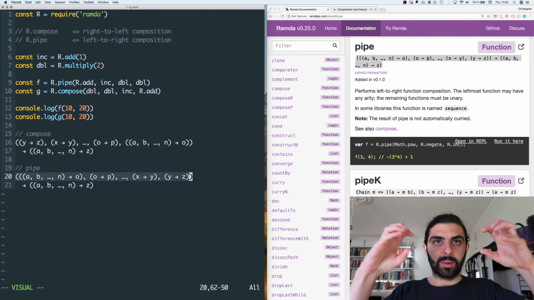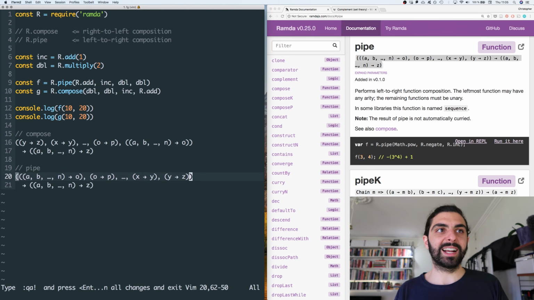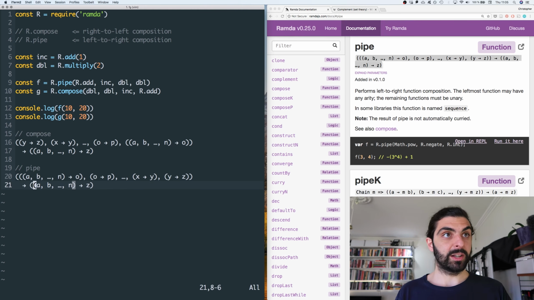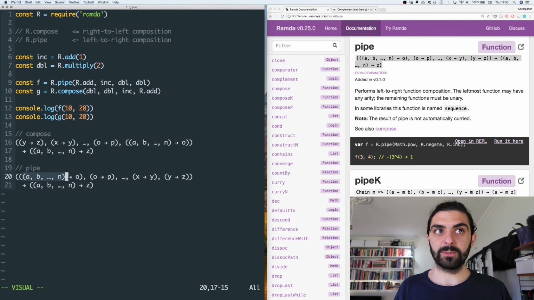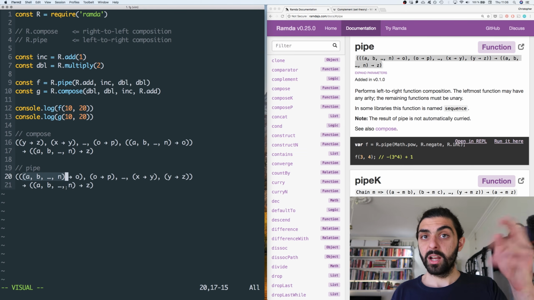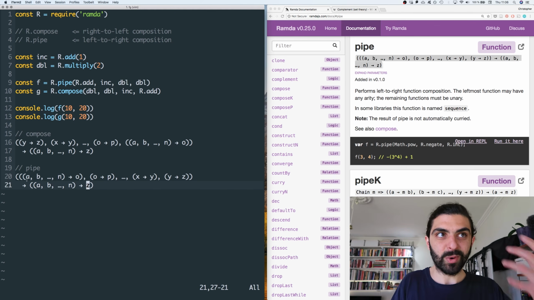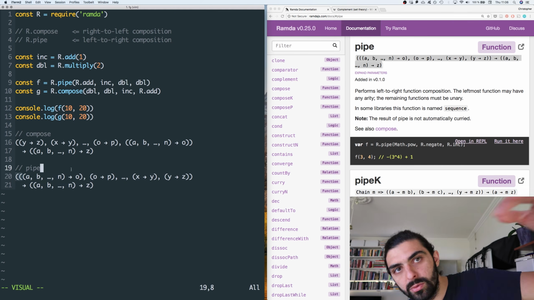That's what we invoke pipe with, and then we get back a new function, and this function is variadic because it takes any number of arguments, and the arguments that it takes match the arguments of the first function that we pass to pipe. So it's A, comma B, and so forth, comma N. And then it produces a final Z, because what it does is pipe the arguments through all of these functions.